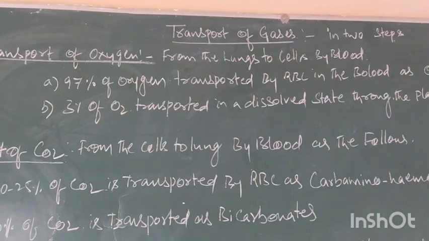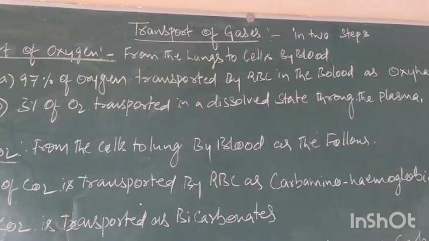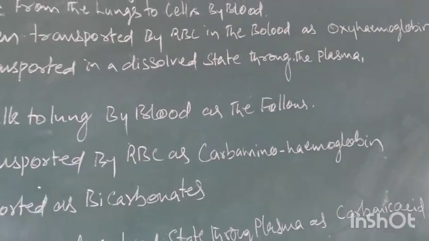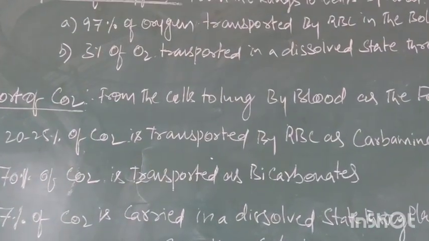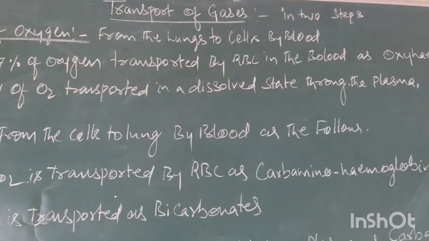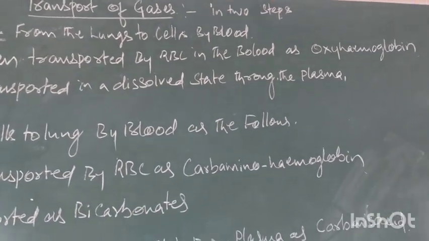97% of oxygen is transported by RBC in the blood as oxyhemoglobin. Next, the remaining 3% only is transported in dissolved state through plasma.